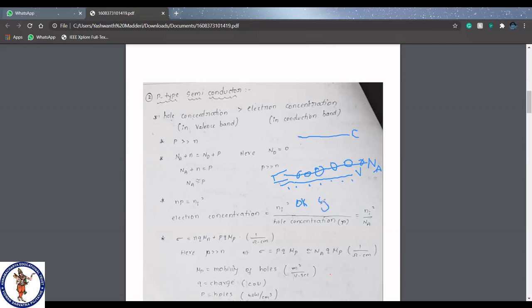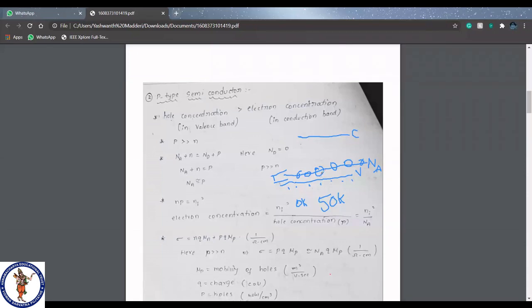Let us assume 50 kelvin. What happens at 50 kelvin is that electrons have some energy, and they can cross this small barrier. But keep in mind, in this case also, the electron cannot move from the valence band to the conduction band, but it can move from the valence band to the acceptor level.